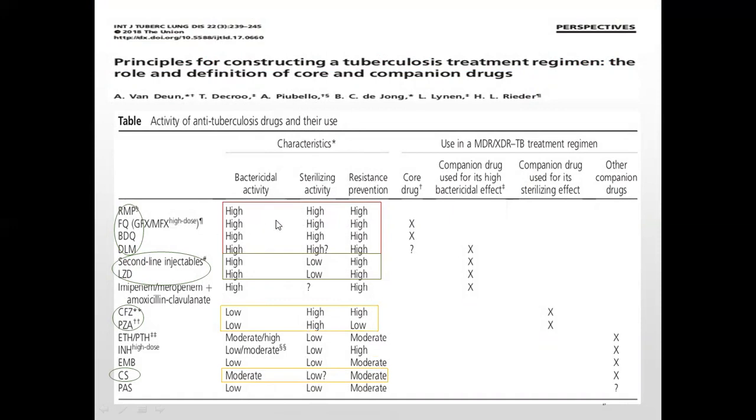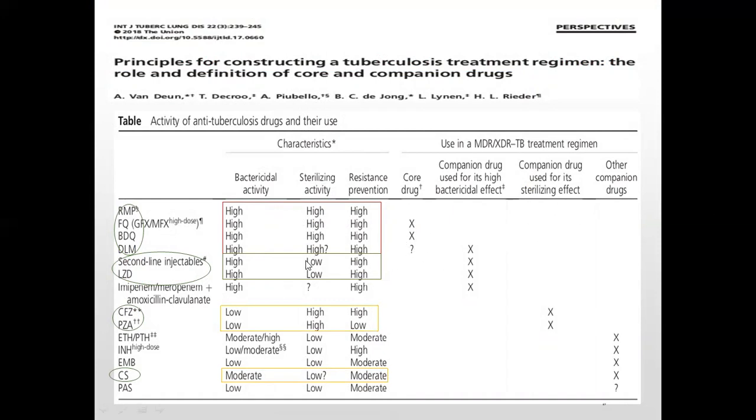This core drug is given throughout the treatment, and based on studies, it is well tolerated and confers no cross-resistance with other drugs in the regimen.